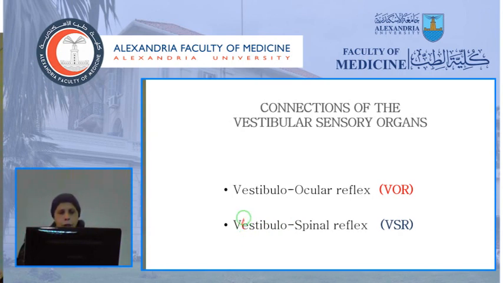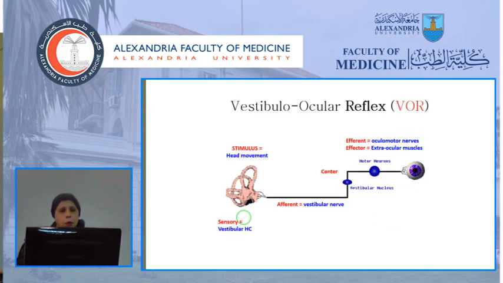So for the first reflex, to keep the eye stable on a visual field, we have what we call the vestibulo-ocular reflex. Any reflex arc is composed of 5 components. The first is the sensory, the second is the afferent, the third is the center, the fourth is the efferent nerves, and finally the effector muscle.